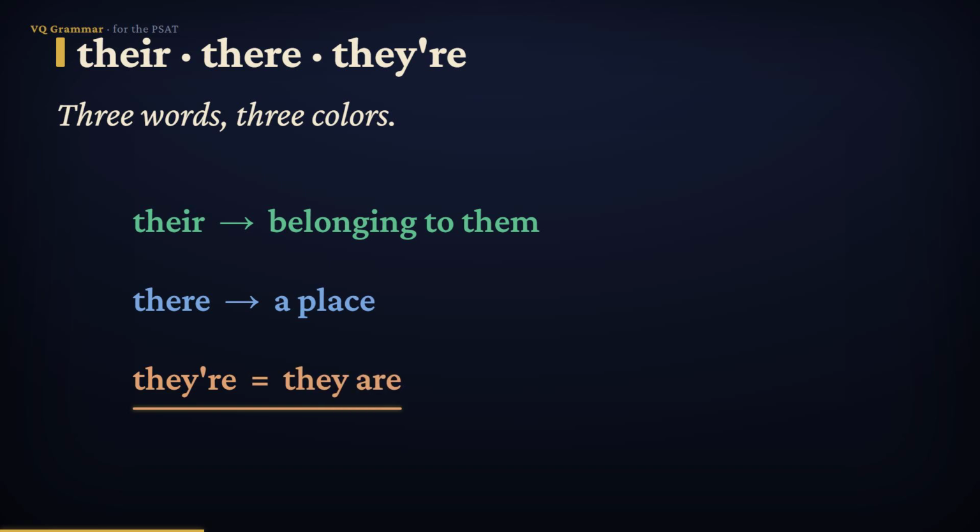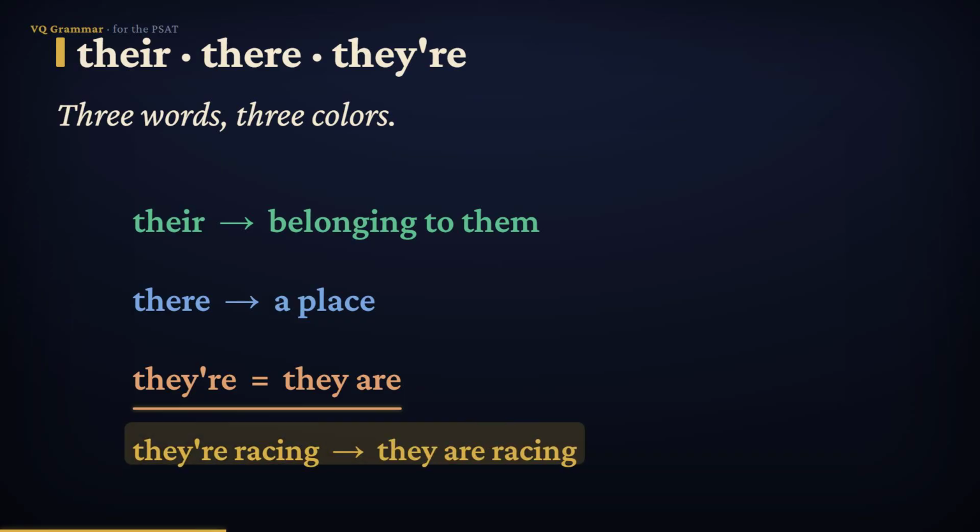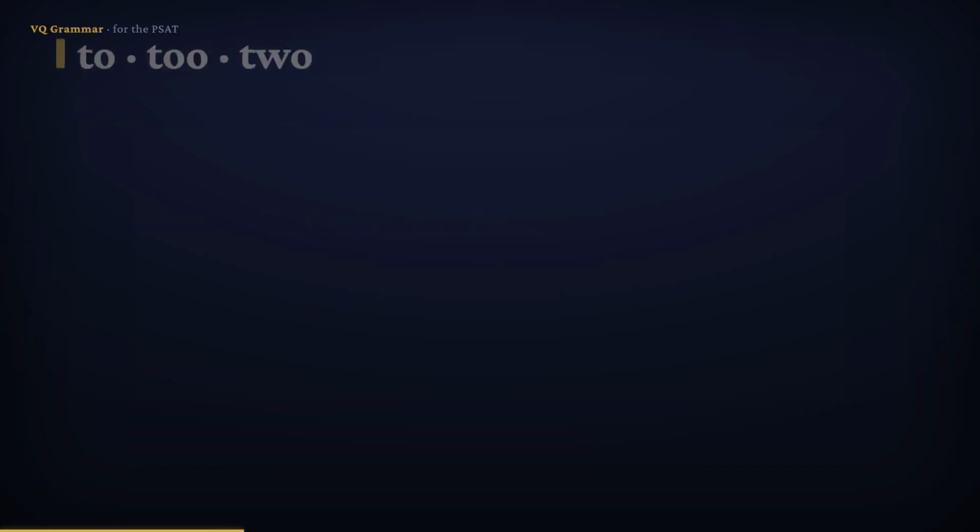And they're, with an apostrophe, is short for they are. Here's the trick that settles it. Try expanding it. They're racing on Saturday means they are racing. If they are fits, use they're. If not, it's one of the others.